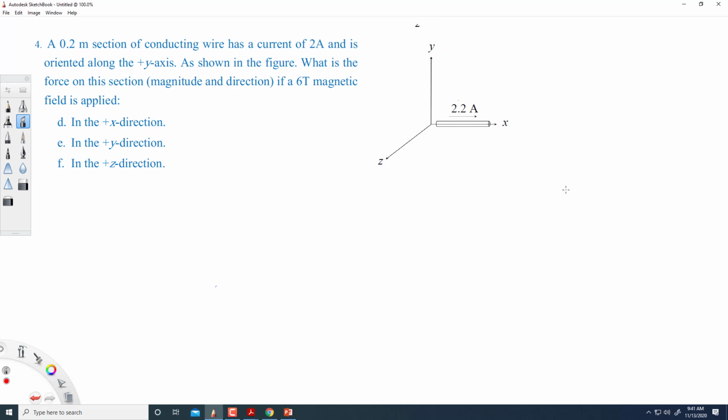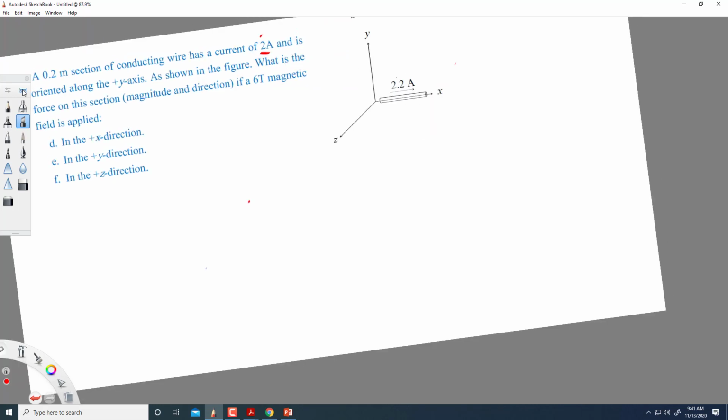We have this wire that is 0.2 meters long, and it is carrying 2.2 amperes current. The figure shows 2.2, but it's 2 only here, so you can choose either 2 or 2.2. That's fine.